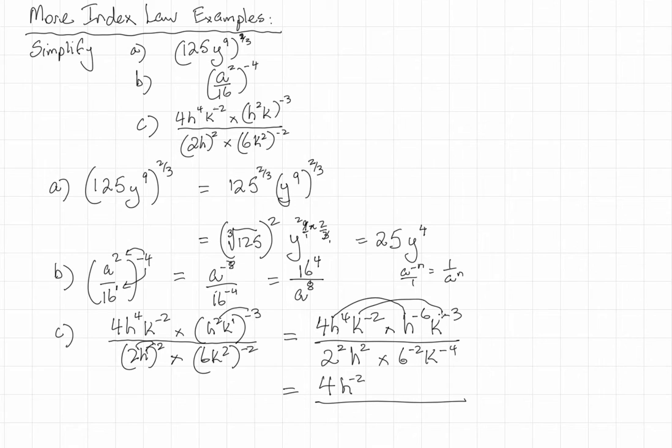And then we've got k times k, but we've got negative 2, negative 3, so we're going to add those, and it'll be k to the negative 5. We've got 2 to the power of 2. We'll just leave it down here at the moment. We'll talk about how we're going to deal with that in a minute. And then we've got h squared, and then we've got k to the minus 4.